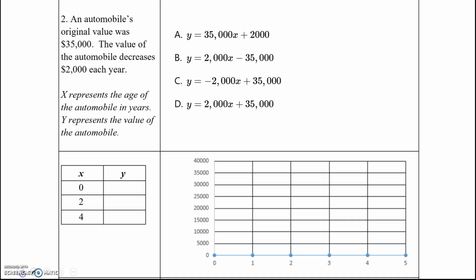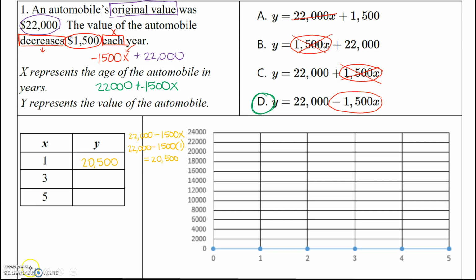Okay, so now I'm going to move on to the next one, and now I'm going to use 3. So I'm going to plug 3 in. So again, I have 22,000, sorry, minus 1,500 times 3. Okay, so I need to do 1,500 times 3. 3 times 5 is 15, 3, 4, 4,500.